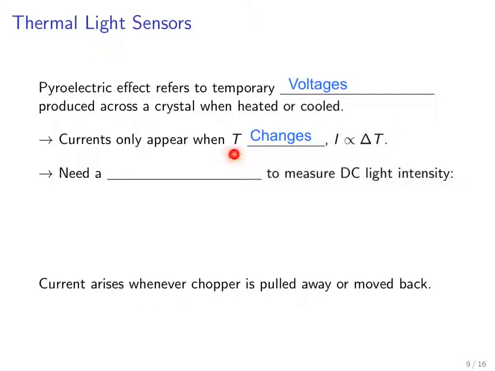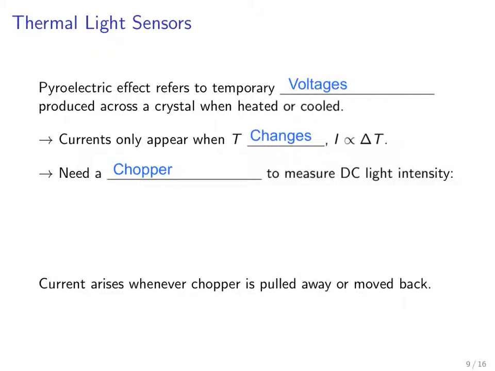Okay, so if the currents only appear when temperature changes, that means that if we have a fixed constant DC light intensity, then we're going to need something that we call a chopper to be able to make a continuous measurement of it.